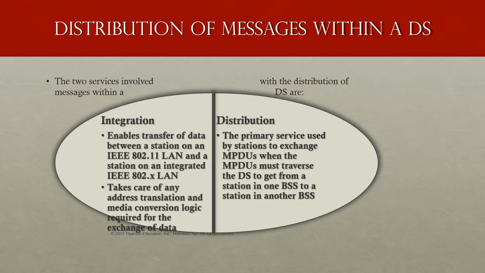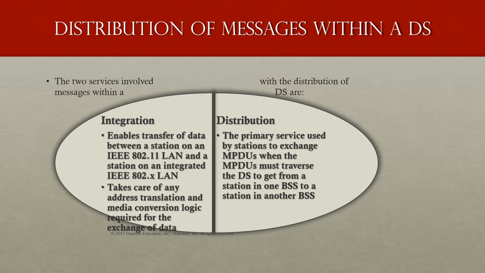AP2 receives the frame and forwards it to STA7. How the message is transported through the DS is beyond the scope of the IEEE 802.11 standard. If the 2 stations that are communicating are within the same BSS, then the distribution service logically goes through the single AP of that BSS.